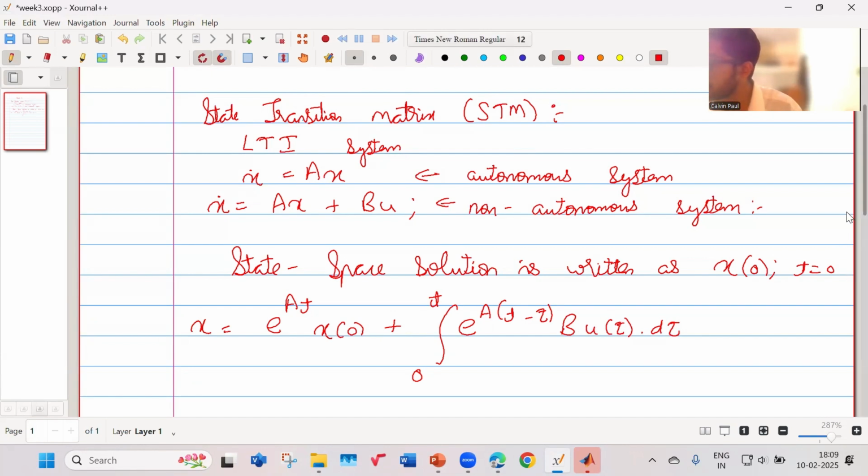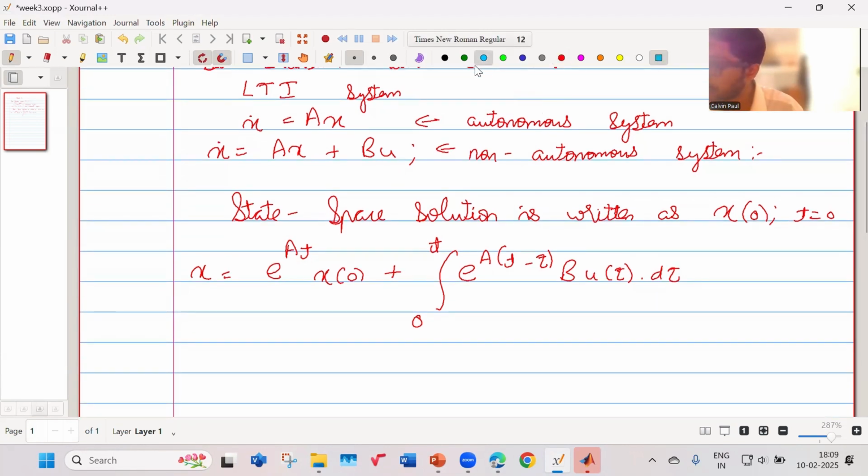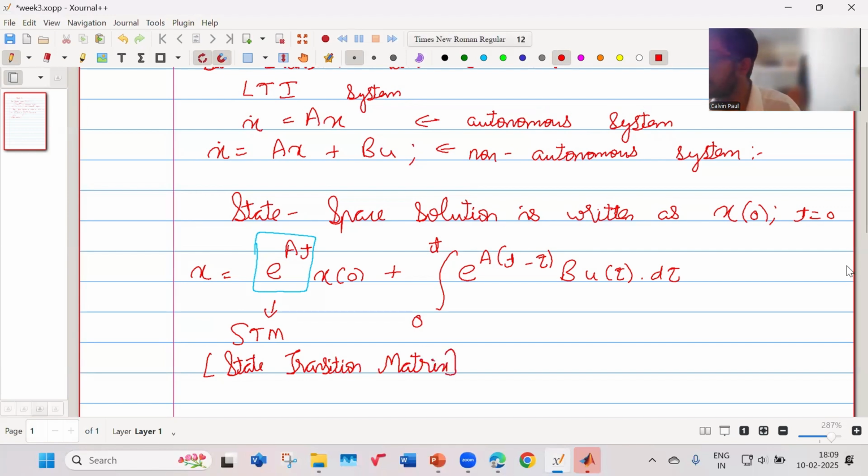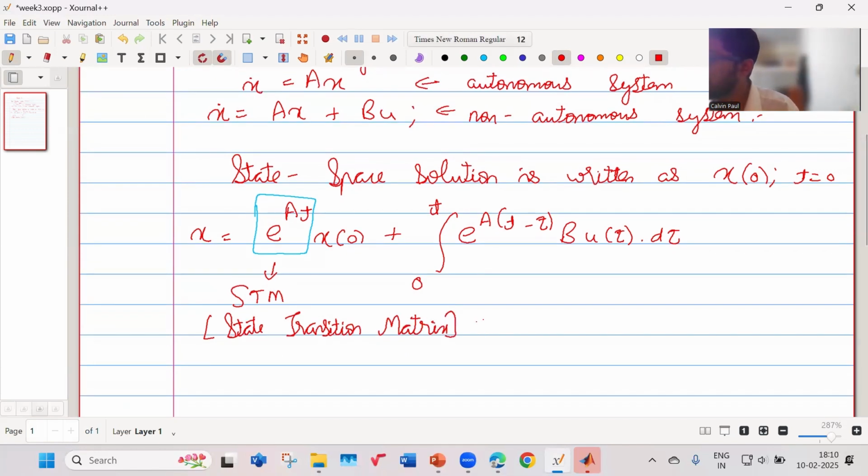And this term is known as the STM, or state transition matrix. It is denoted by phi of t.